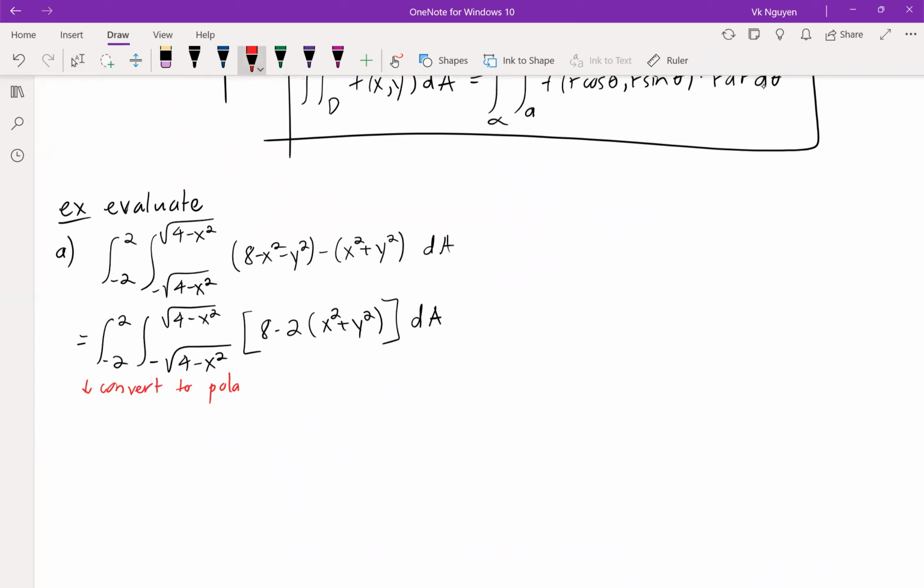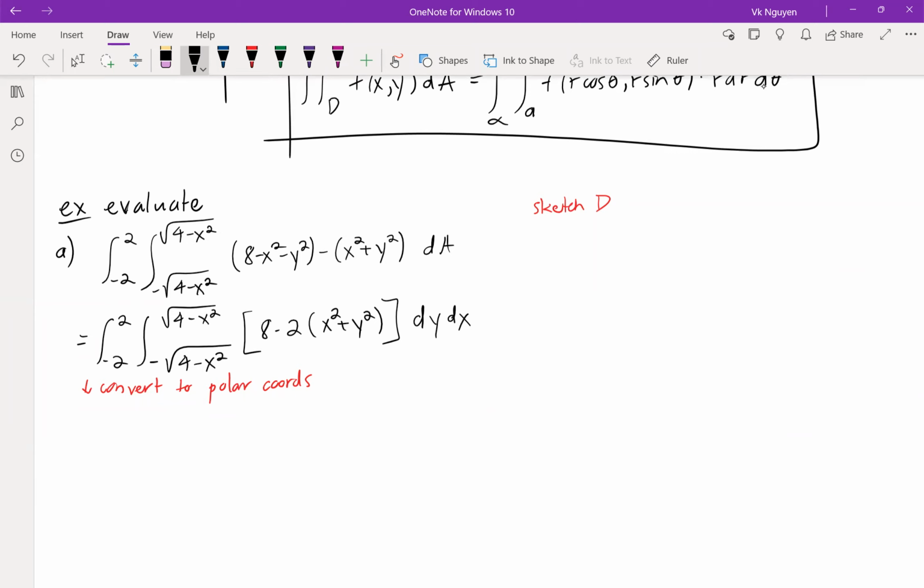You have to sketch out the region D at the same time. Based on here, you can tell that dA has to be dy dx.